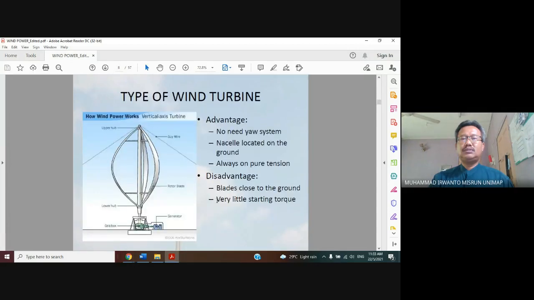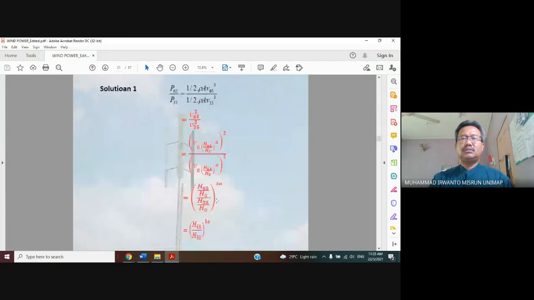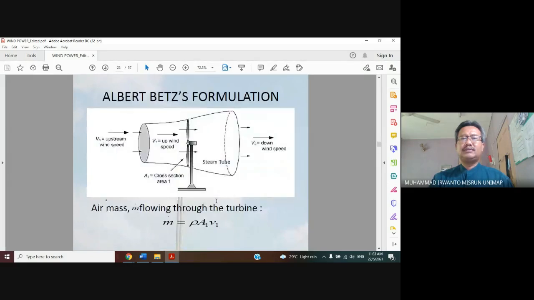Now we want to discuss the Albert-Betz formulation. The objective of the Albert-Betz formulation is to derive wind power generation.